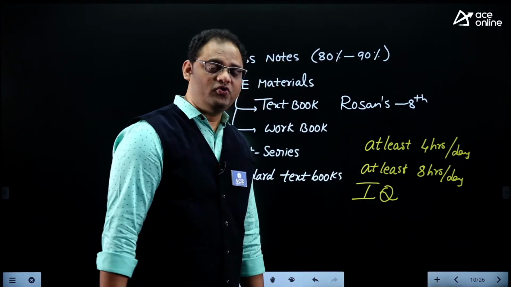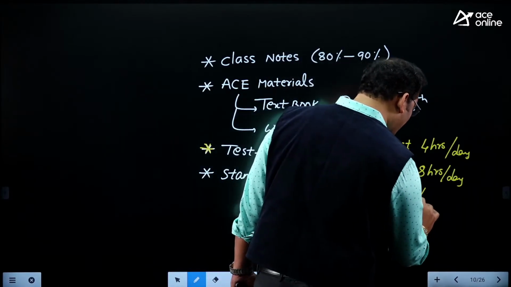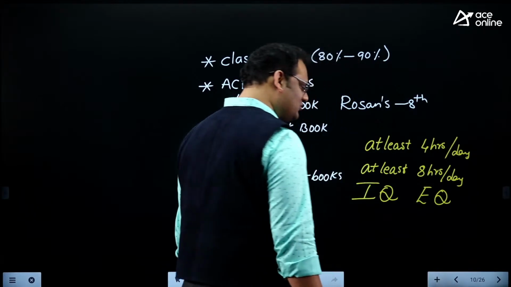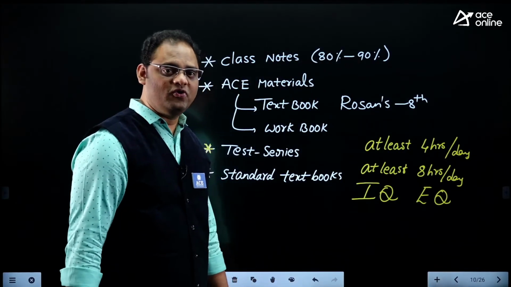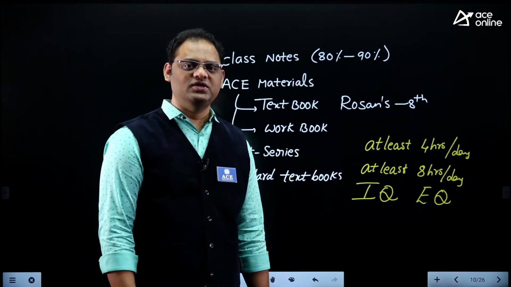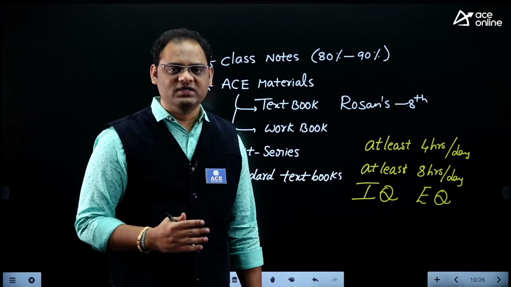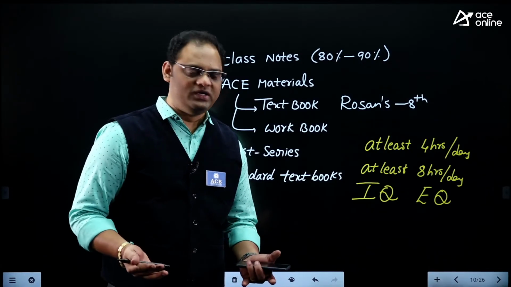And even if you don't have IQ, if you have proper EQ, meaning emotional cohesion, you can achieve your target and your goal. If you have very good ambition, you may not have a very good IQ like a topper of the class, but it is not required. IQ is not an inherent property.